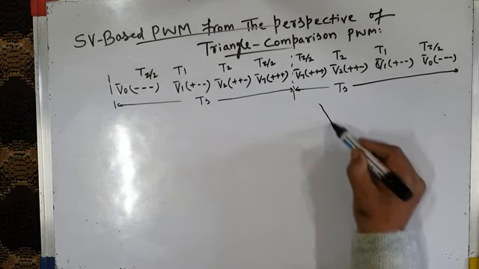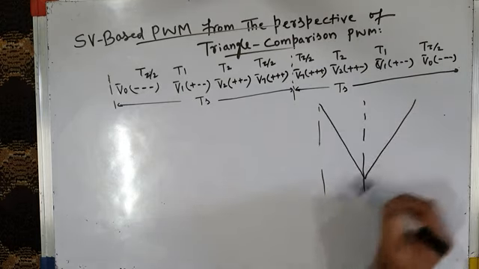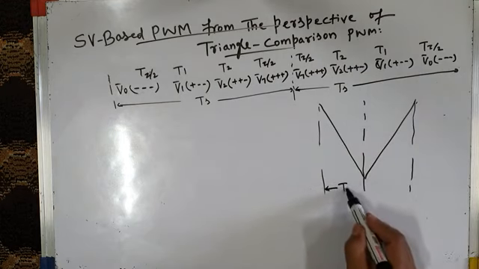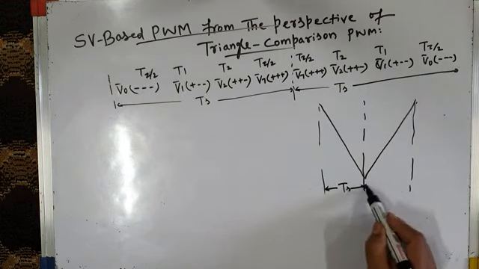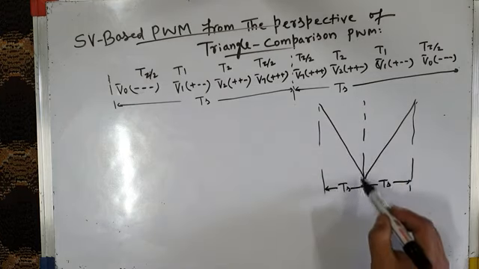So you have seen that we took one triangular carrier wave with period ts and ts, which is called a subcycle. Each is half of the carrier cycle.